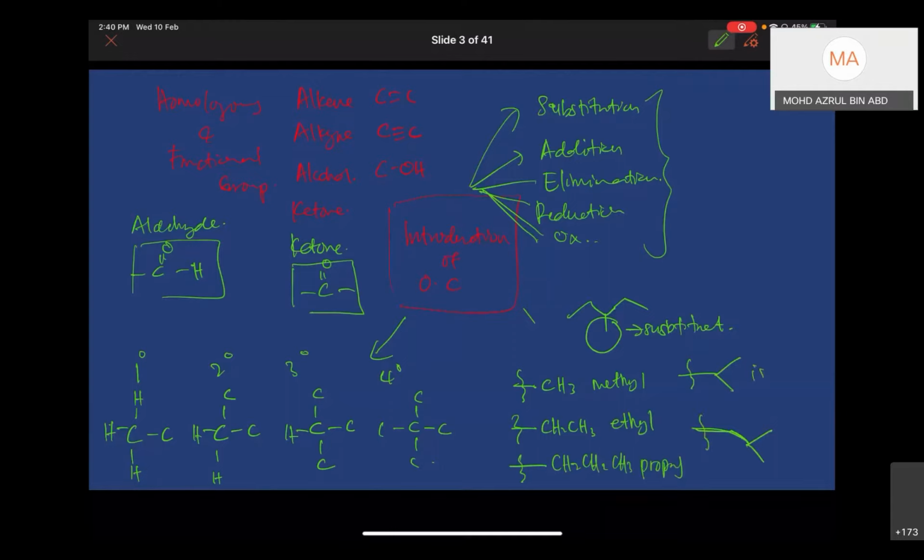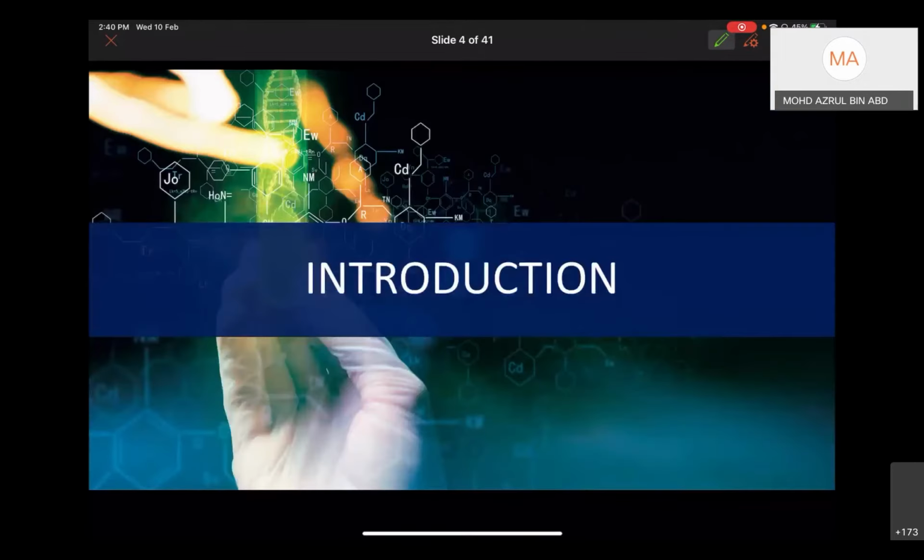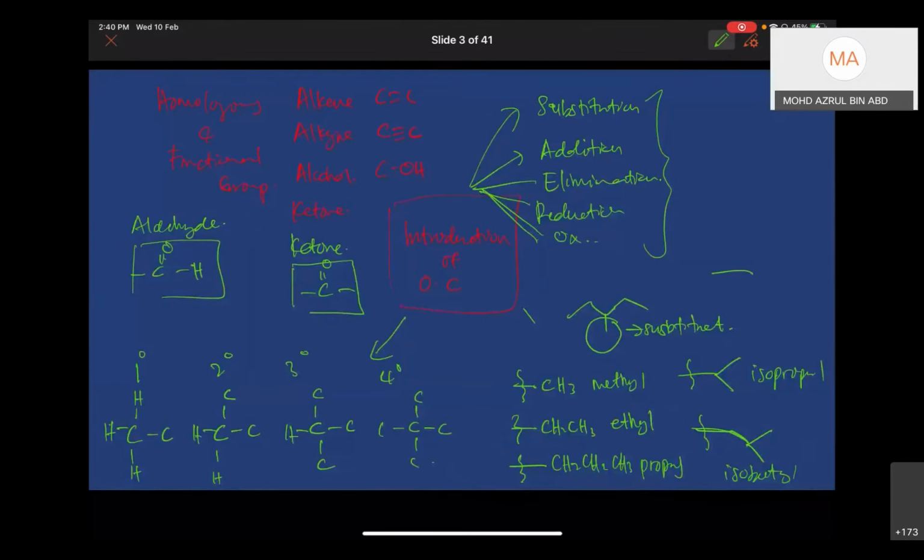Okay, this one we call isopropyl, and then isobutyl, and another one like this. Okay, this one we call a sec-butyl. This is the common substituent that you will see during the lecture of organic chemistry.